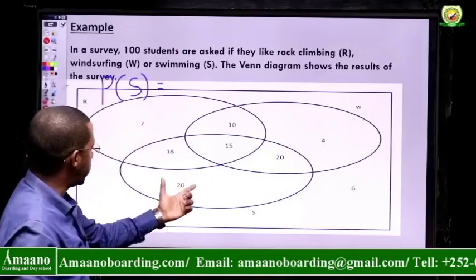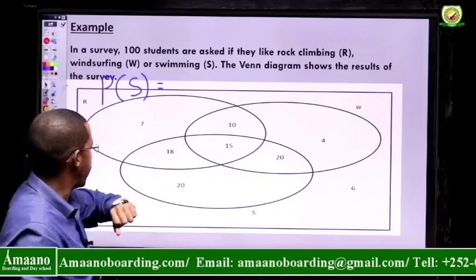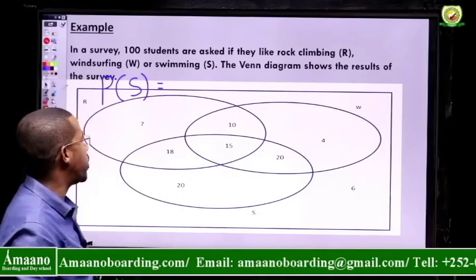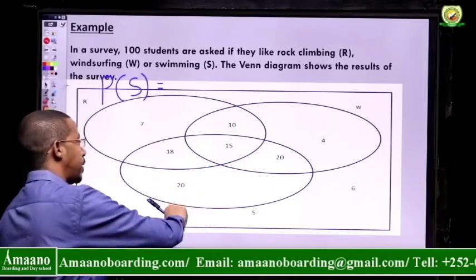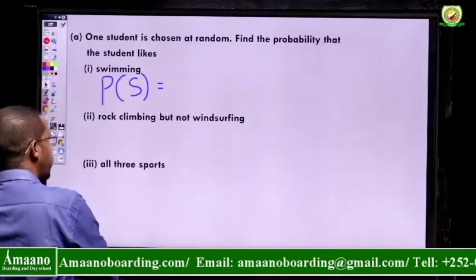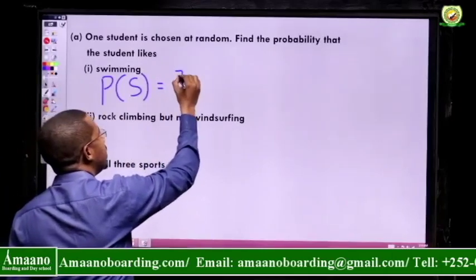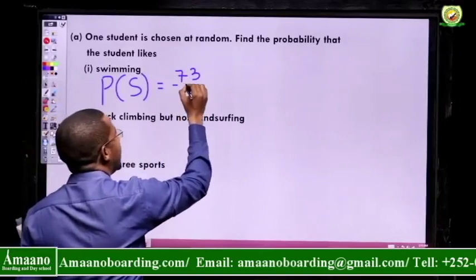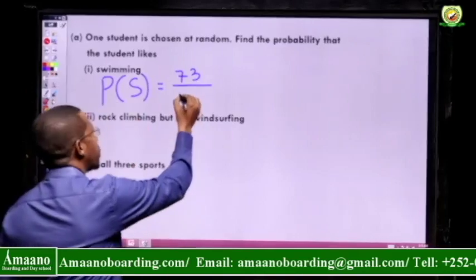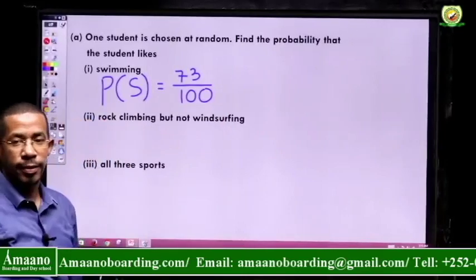You have to add all these and get the number of students who like swimming. I think this will be 40, and then 73. So 73 students like swimming. Therefore, the probability of swimming is 73 divided by the total, which is 100. That's the answer for that part.